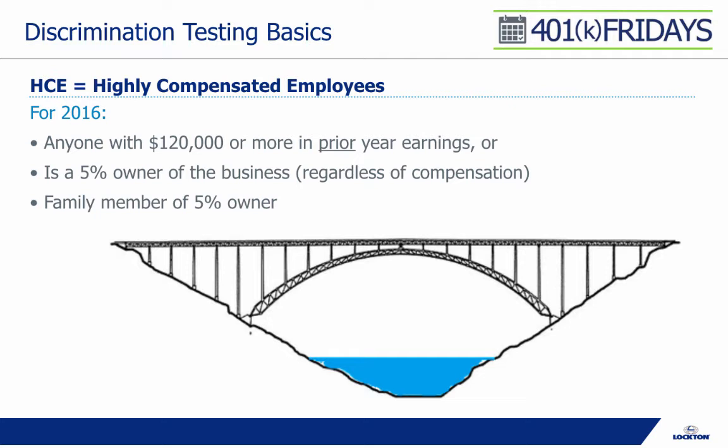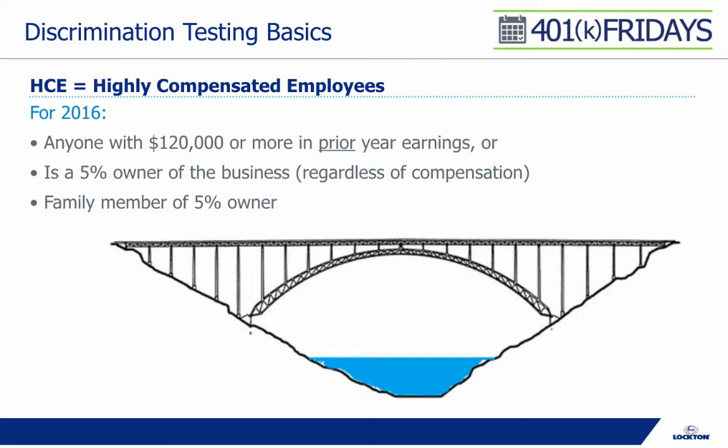So for someone to be considered a highly compensated employee in 2015, they would have to have earned $120,000 or more in 2014. Also, someone can be a highly compensated employee if they're a 5% owner of the business, and this is regardless of compensation, or if they're a family member of a 5% owner of the business.